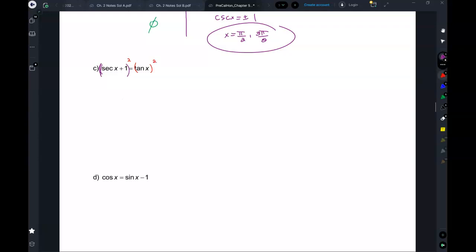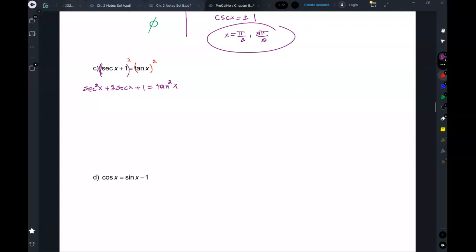So when I square this, I get secant squared x plus 2 times 1 times secant, so 2 secant x, plus 1 equal to tangent squared x. Okay? Questions? Now, everything here is in secant, but the tangent is not.